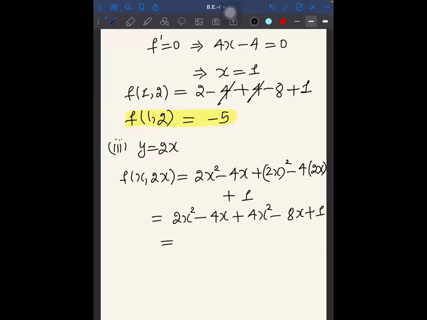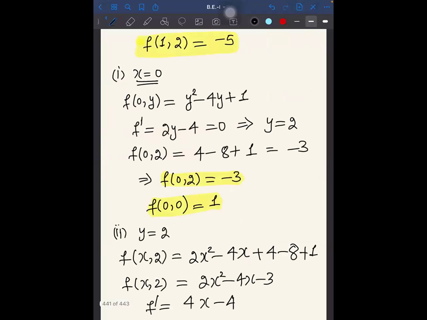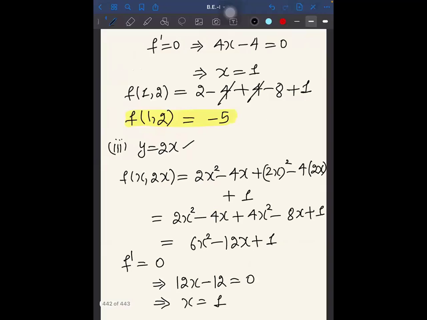Right, so this becomes 6x square minus 12x plus 1. So now keep f dash is equal to 0. That means 12x minus 12 is equal to 0. So that means x is your 1. So if your x is 1, your y will be again 2. So again you will get the same point. So again, you can directly put it even in f(1, 2).